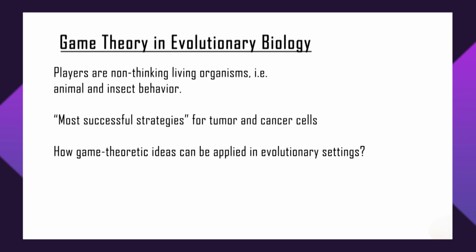theory. Most successful strategies. Why? How do we define, how do we confirm that these are successful, only with the help of game theory hypothesis. How can game theoretic ideas be applied in evolutionary settings? It means there are variants in an evolutionary system, but are there any hidden rules?